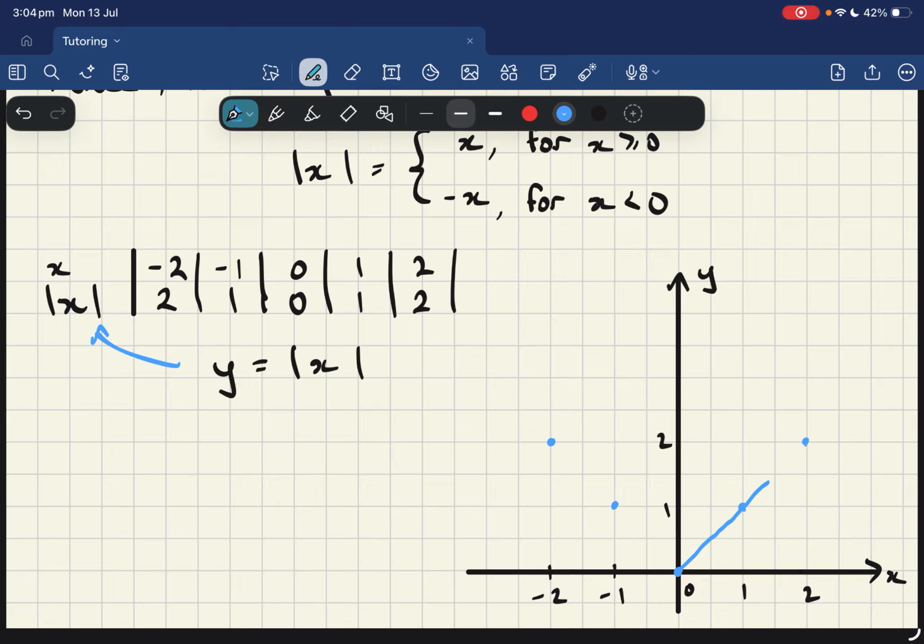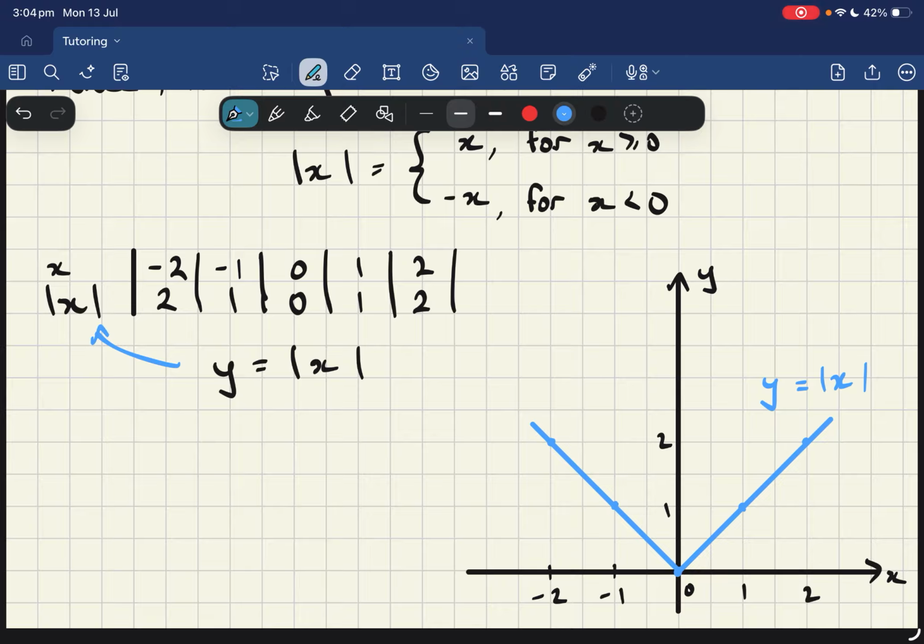And when I get this, you will notice that I get something that looks like this. I get basically two straight lines, and this represents my relationship. So this is what our most basic absolute value function is going to look like by substituting into a table of values like we've done with many functions previously and looking at how this behaves.